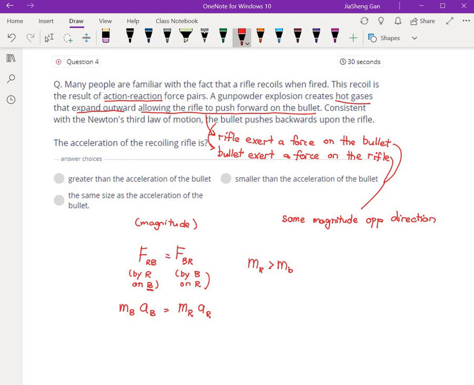Knowing that, M_R over M_B will be greater than 1.